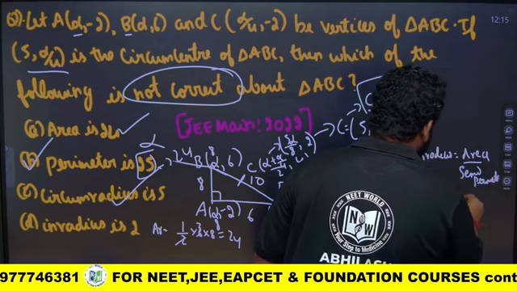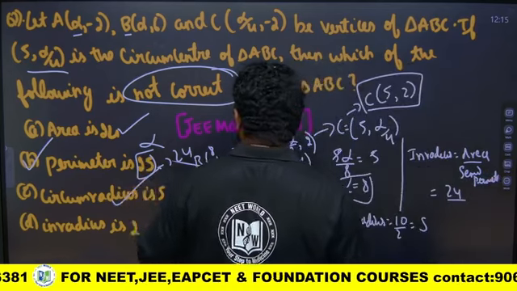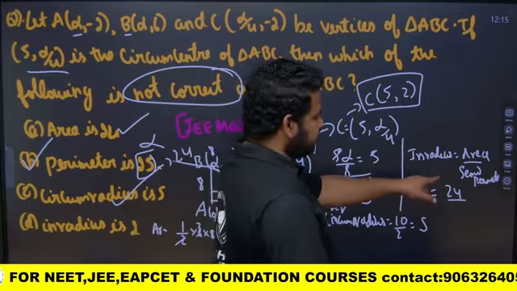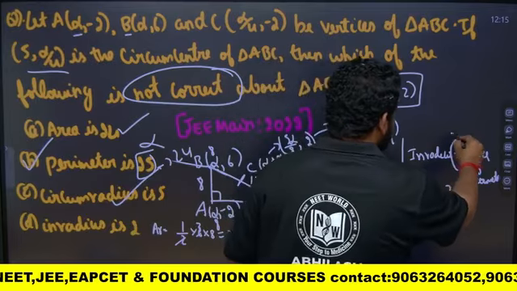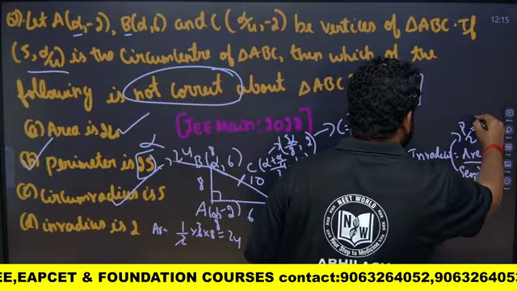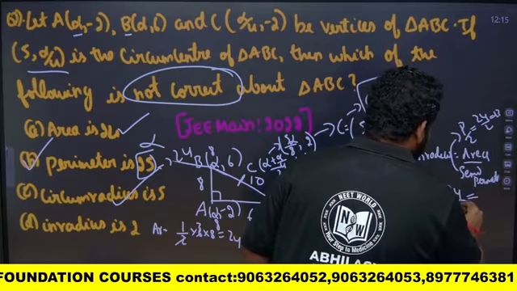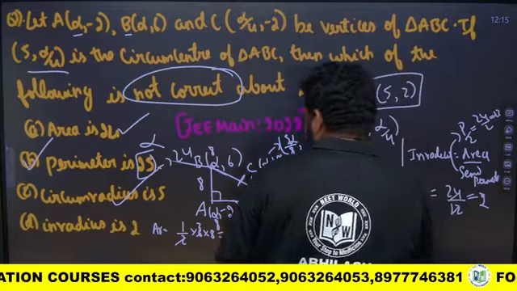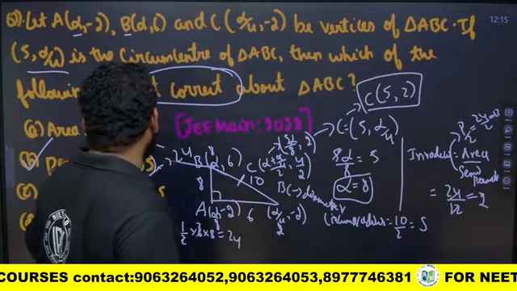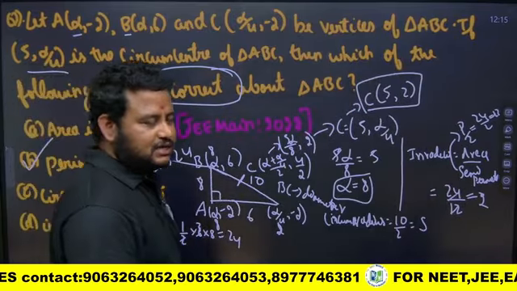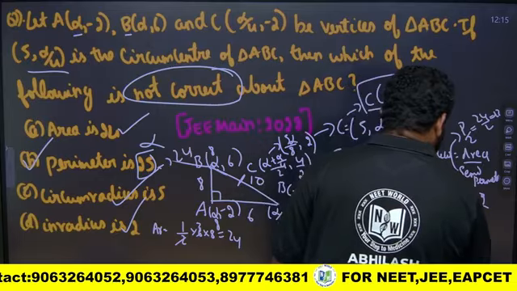The area we got as 24. The perimeter we got as 24, so the semi-perimeter is 24 by 2, that is 12. So this will become 24 by 12, and the answer is 2. So this is also correct. But they are asking for the incorrect one, so option B is the answer that they are looking for. Fine. Next question.